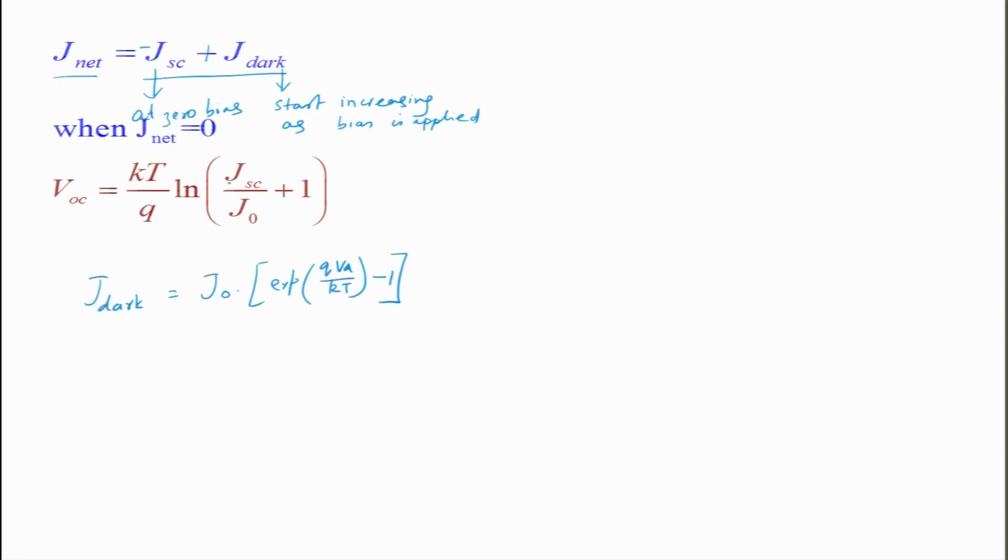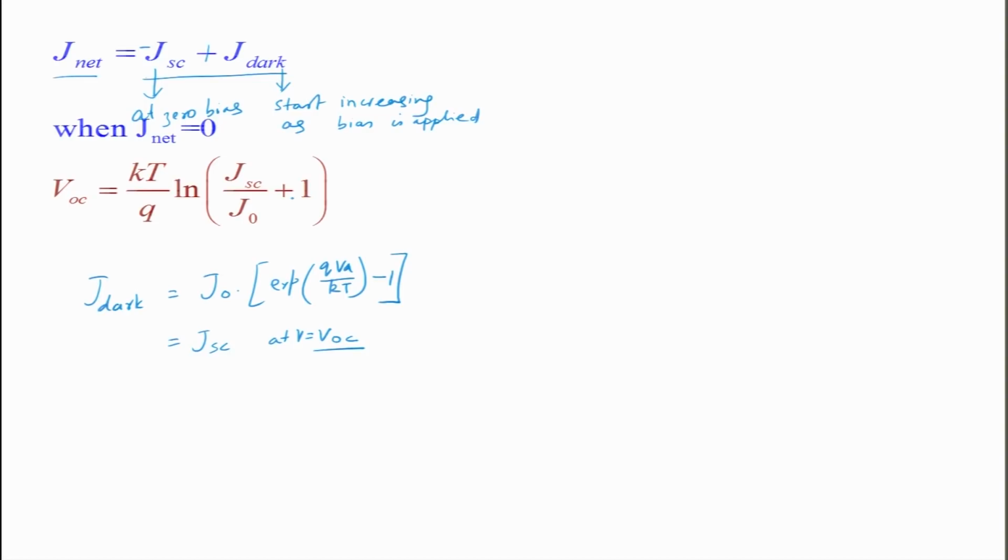When J net is equal to 0, JSC is equal to J dark, and that is when V is equal to VOC. So, I can replace VA with VOC, and VOC becomes KT by Q into ln of JSC by J naught plus 1.